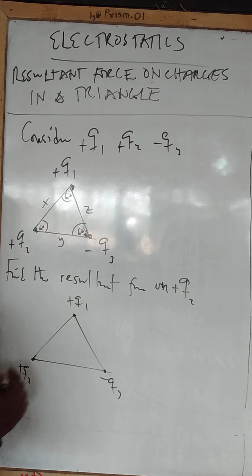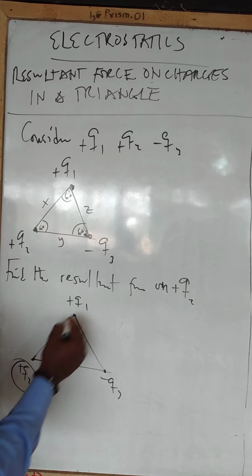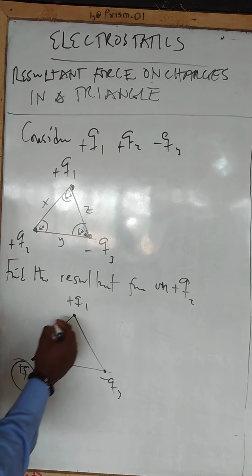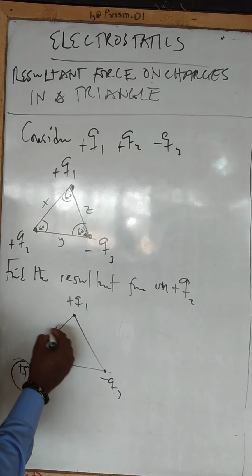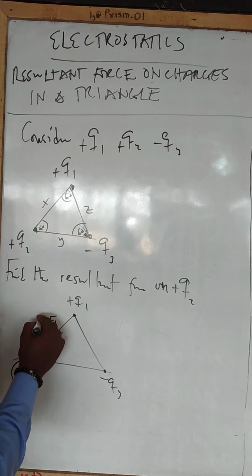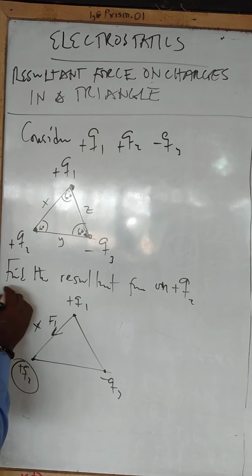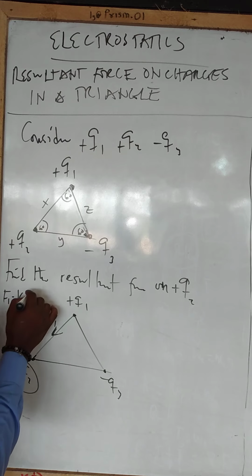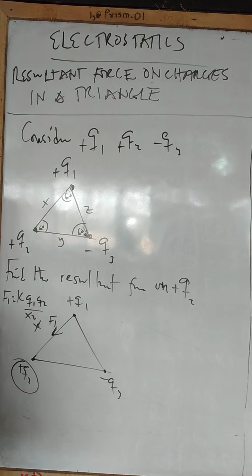Good. Now we are considering Q2. So what is happening here? This is pushing it. So this is applying a force in this direction. So let's call this F1 in this direction. The distance is x, right? So we can say that F1 is equal to K Q1 Q2 all over x squared.